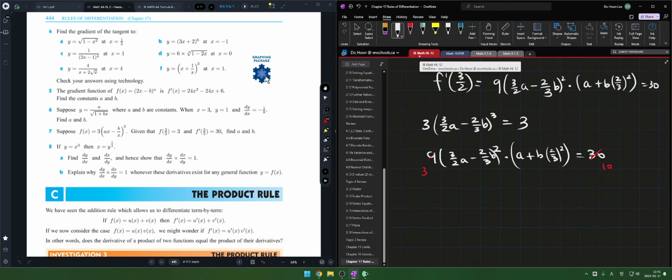If I look at the first part, it's 3 times something cubed equals 3. What does that mean? It means that 3 can be divided from both sides. It'll be (3/2 a minus b) cubed equals 1.